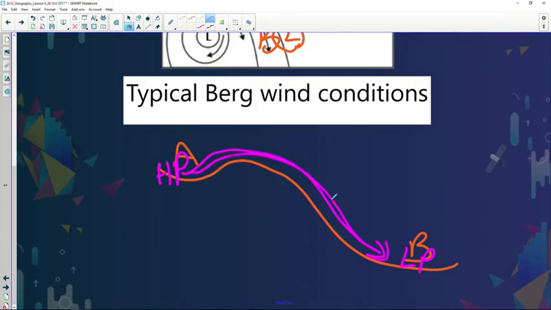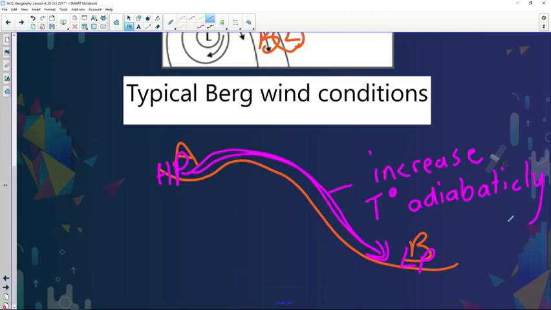And what's going to happen with this temperature? It's going to increase. And we say this temperature increases adiabatically. Very importantly, because instead of the temperature decreasing while we go up, it's increasing because we're coming down.